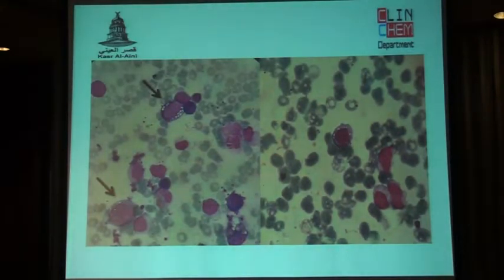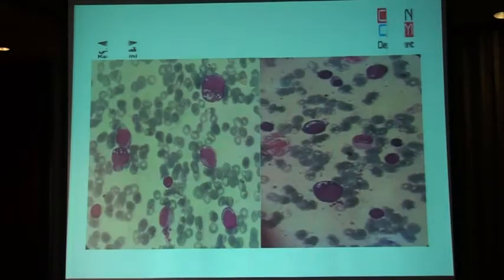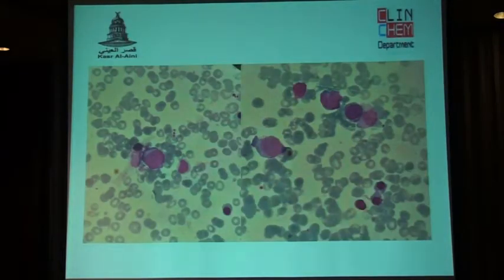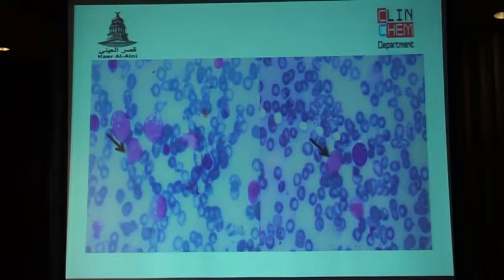This is another picture to demonstrate the vacuolation of the early myeloid precursor. This is an early erythroid precursor also showing cytoplasmic vacuolation. There was also an increase in the blast cell count. The blast cell was 6%. This is a blast cell.